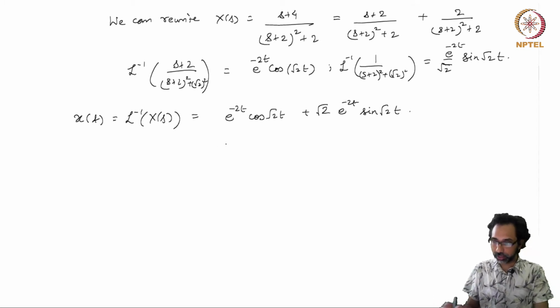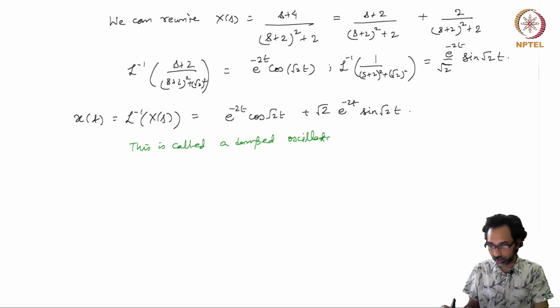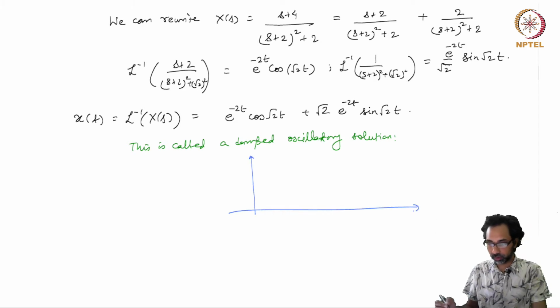So in this case the solution is what's called a damped oscillatory solution, because the graph of this solution x(t) looks something like this.